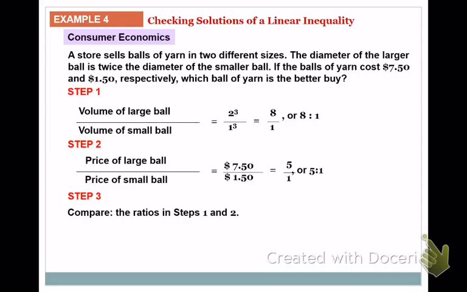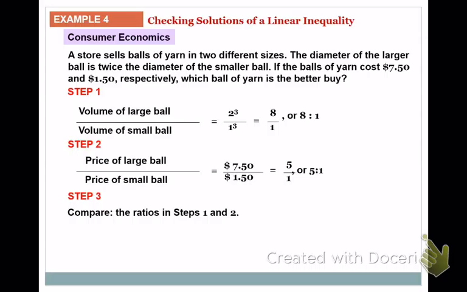So then, which one do you think would be a better buy? If the volumes are 8 to 1, but I'm paying 5 to 1, what's the better buy? The volume of the second one is 8 times the volume of the first. The price of the second is 5 times greater than the price of the first.